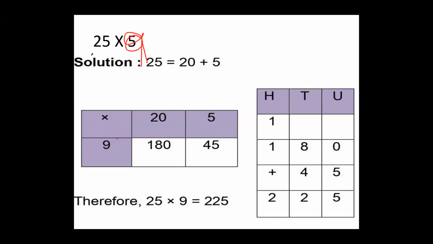So now 25 multiplied by 9. What are we going to do? 20 and 5 over here multiplied by 9. So 9 zeros are 0 and 9 twos are 18. Correct? So 20 multiplied by 9 is 180.